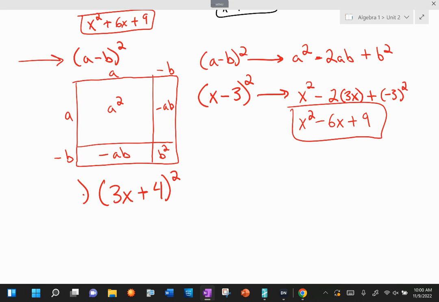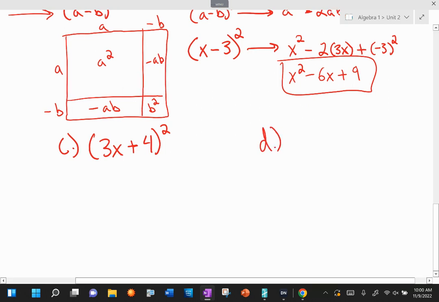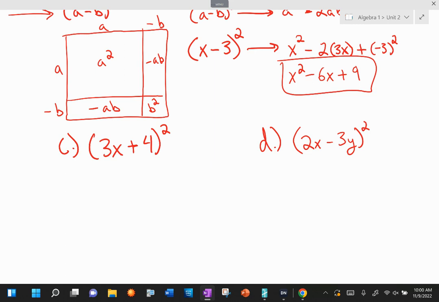Then let's do letter D: 2x minus 3y squared. I would like for you to try either on your own or with someone you're sitting next to, both C and D. I'll give you just a couple minutes. Follow the pattern. Use the pattern square if it helps.